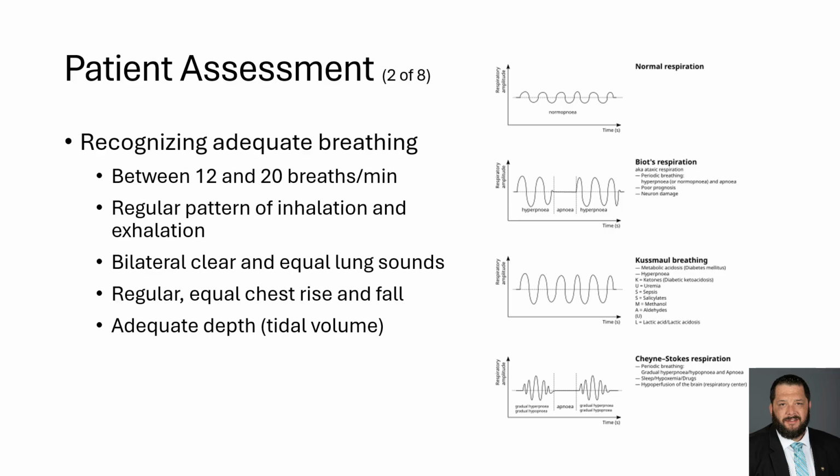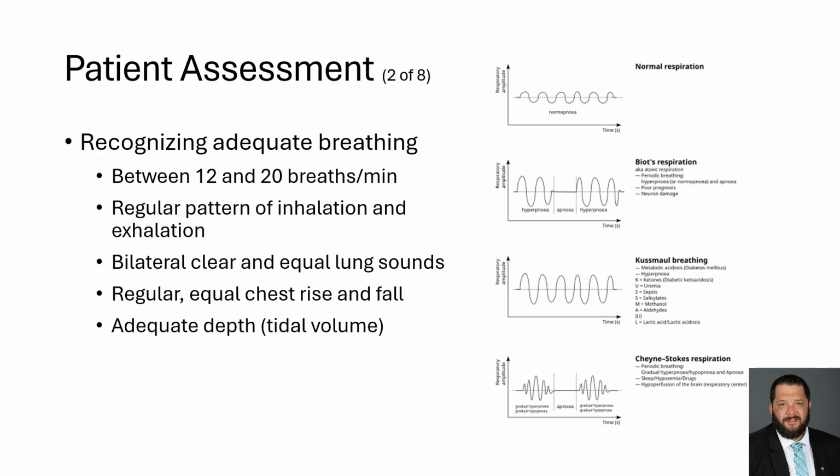It should be a consistent rate of inhalation and exhalation, and it should be quiet. If we assess their lung sounds, or we auscultate, and the word auscultate means to listen with the stethoscope, their lung sounds should be clear and equal across both sides. That's that word bilateral again. We should have bilateral lung sounds that are equal and clear on both sides.